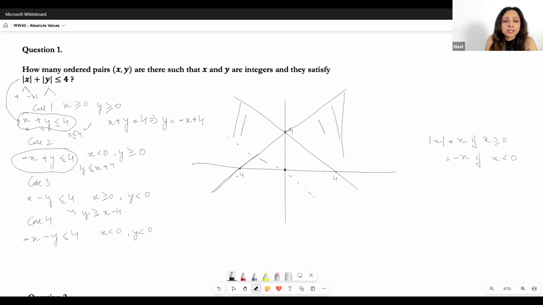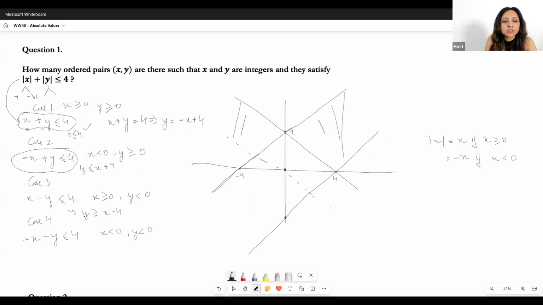Okay, so if it were y is equal to x minus 4, so y is equal to x, again, that is this particular line. Y is equal to x, yeah, positive slope. Minus 4, it has gone down by 4 units. So then this particular line is actually going to look like this.